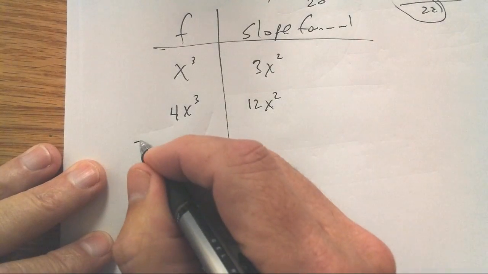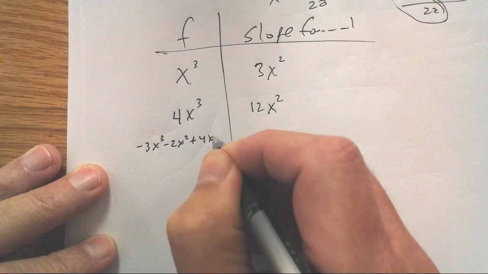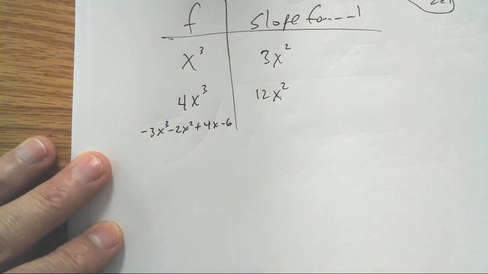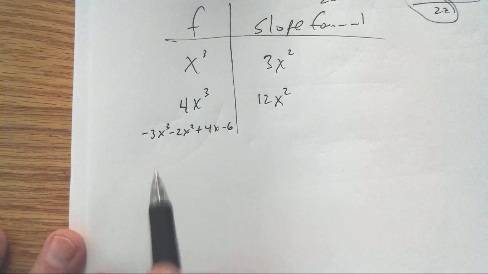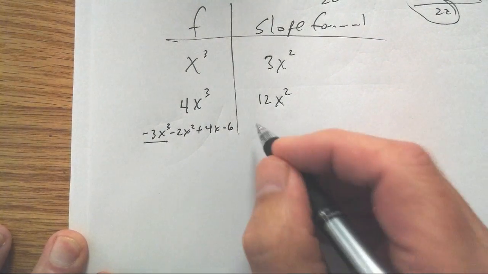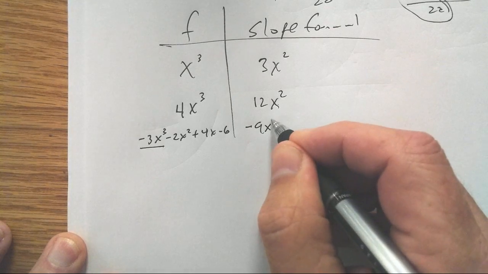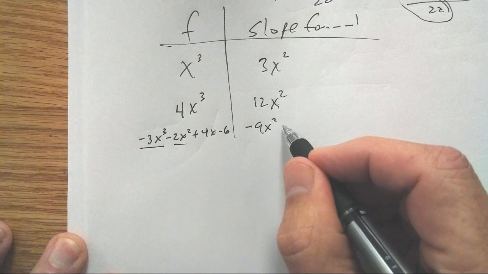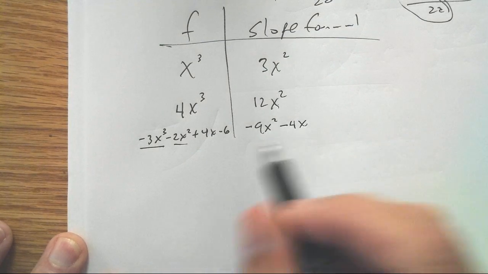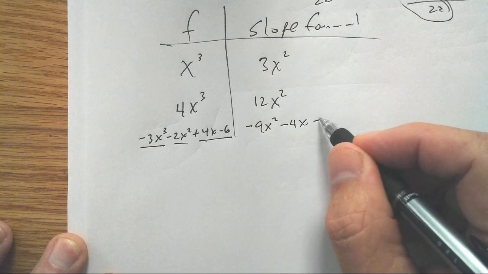How about negative 3x cubed minus 2x squared plus 4x minus 6? Slope formula of this first term. 1, 2, 3. x squared. Second term. 1, 2, 3. 1, 2, 3.